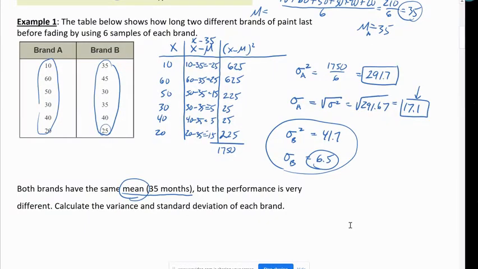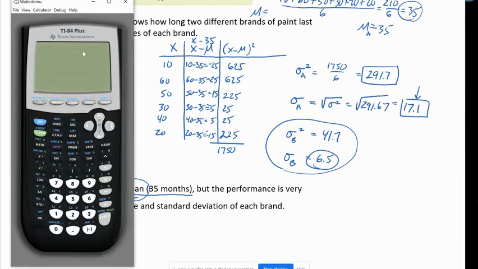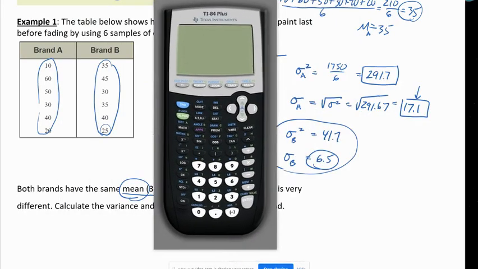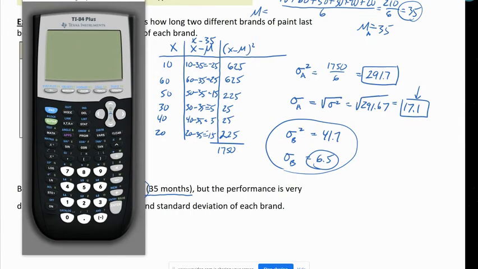And then I did also mention that I would show you how to calculate the same thing on a graphing calculator. So if you have a TI-83 or TI-84, I will do brand B for this one as well.